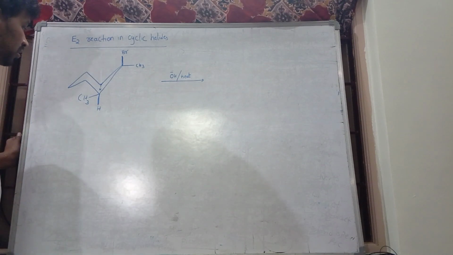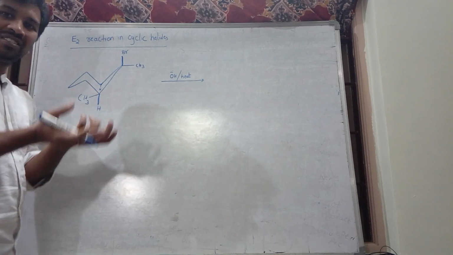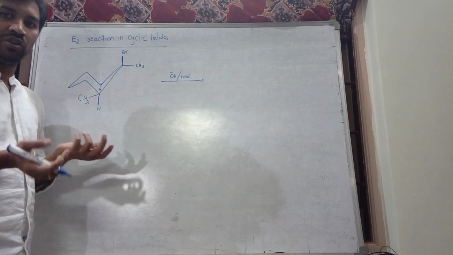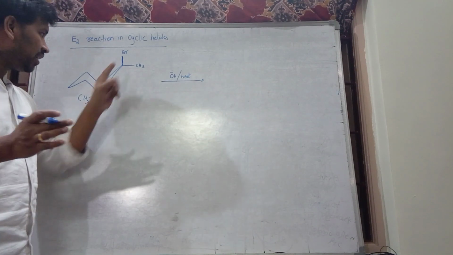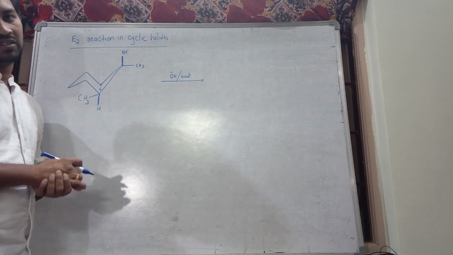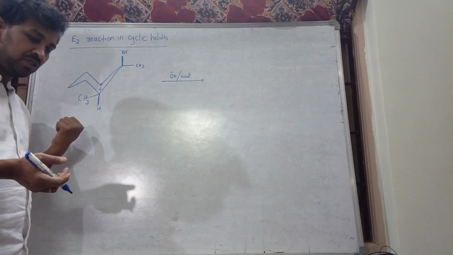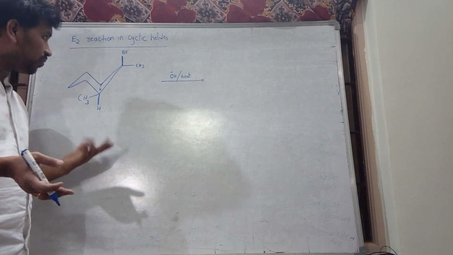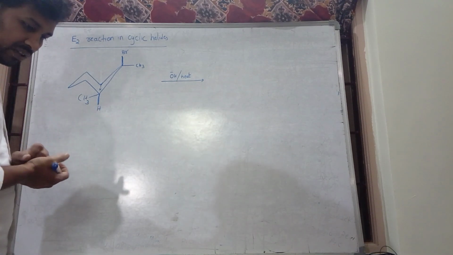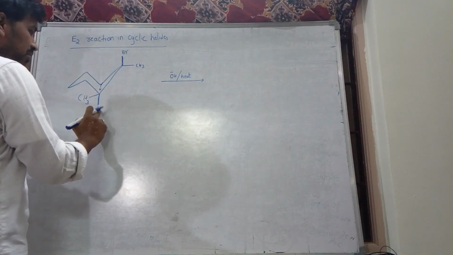So hydrogen here, CH3 here, then anti elimination is possible. Now you may have the doubt, sir, rotation. If carbon is in cyclic compounds, rotation is restricted. Carbon-carbon rotation is not possible in cyclic halides. Then from here Br, from here hydrogen is eliminated.